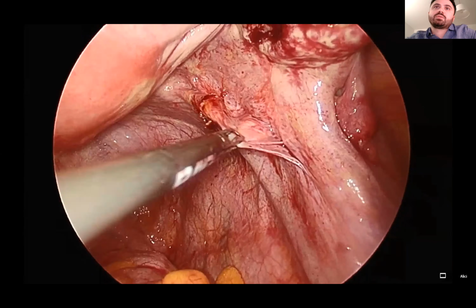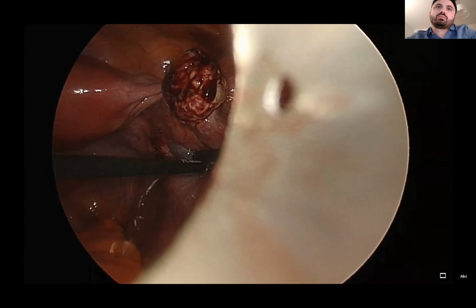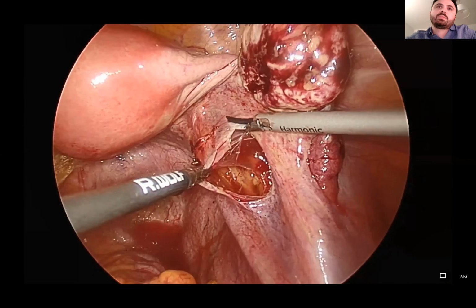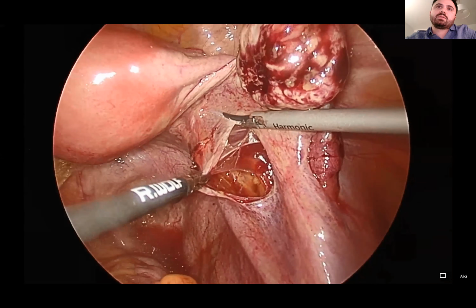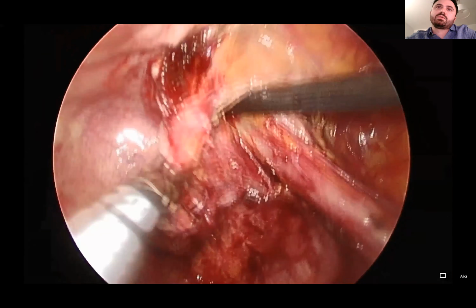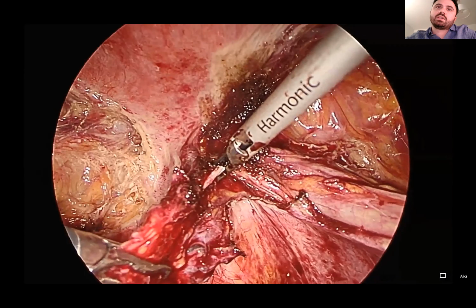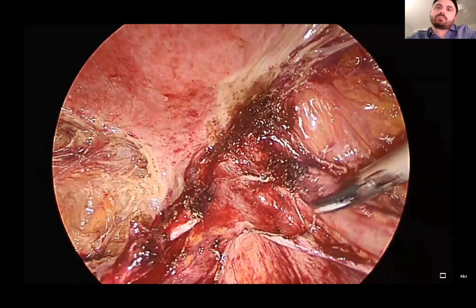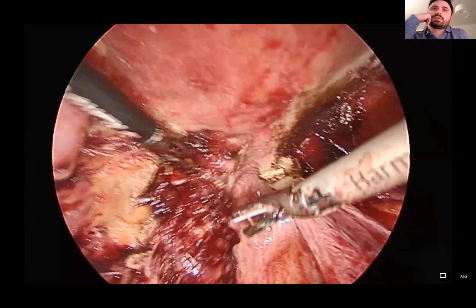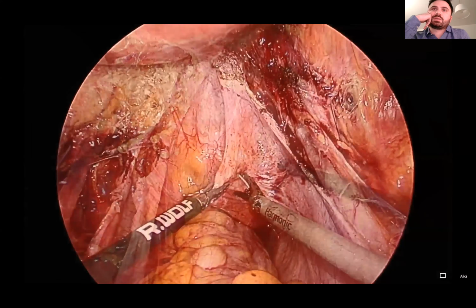We performed the hydrodissection. And then we performed the peritonectomy, and we extensively took the peritoneum out from the right sidewall. And then there was also another lesion on the right uterosacral ligament. There was also another superficial lesion in the pararectal space that we also excised.